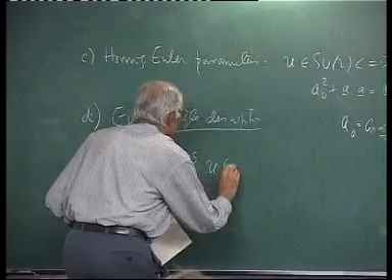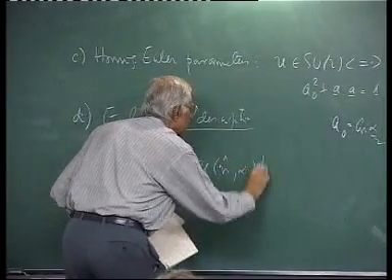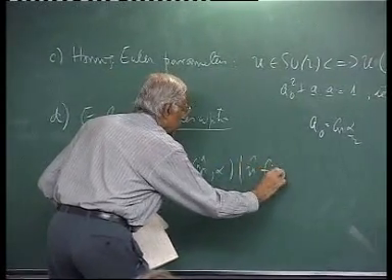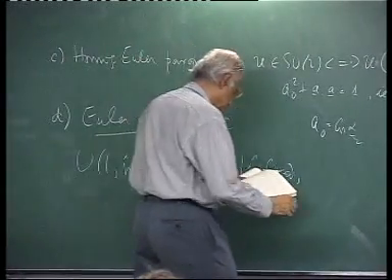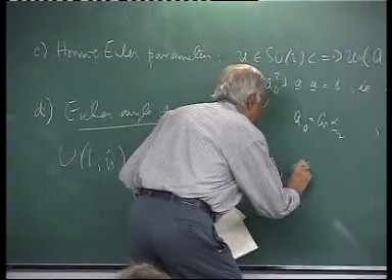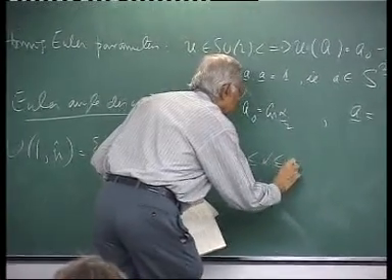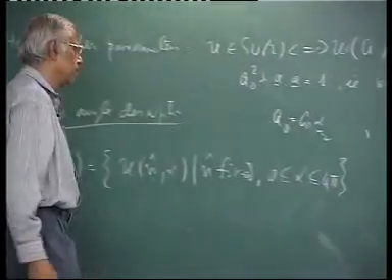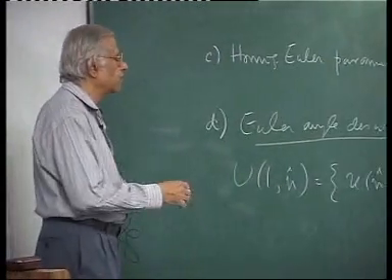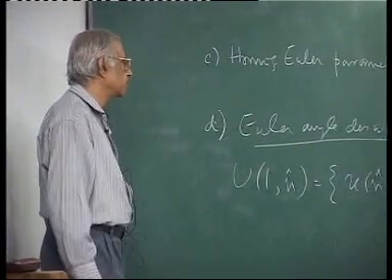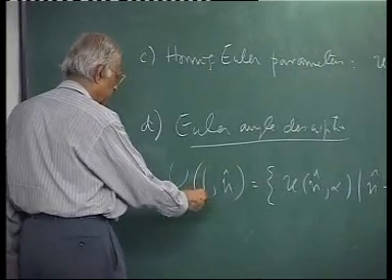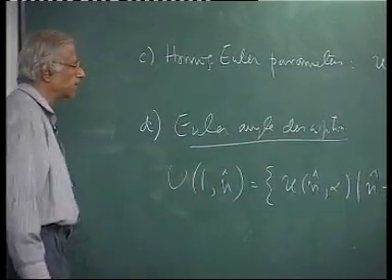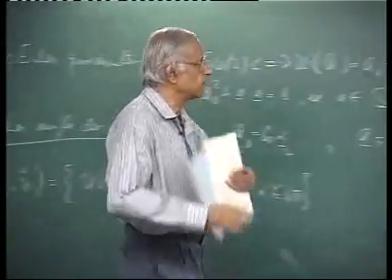So if you take all SU2 elements with a fixed axis, and you allow alpha to go up to 4 pi, they form a subgroup of SU2. And I will use the notation U1 to tell you what subgroup it is, and n to tell you which axis it is. So what does it mean?